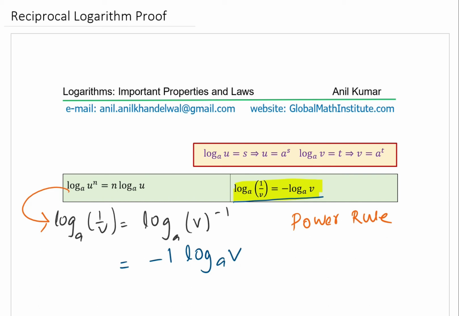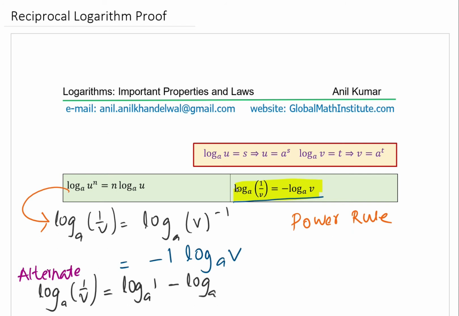Clear? Now there is another way also to prove this. We'll call this the alternate method. Now you could think about expanding this using the sum and difference rule. So we can have log to the base a of 1 over v equals log to the base a of 1 minus log to the base a of v.